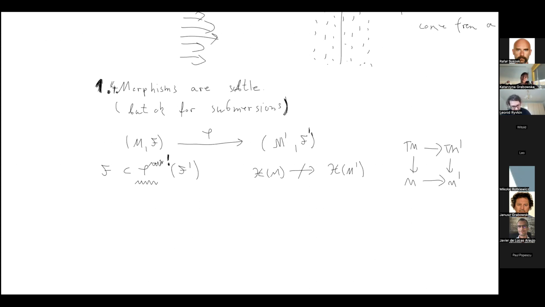We start with a vector field on M'. We can turn it into a section of the pullback bundle.